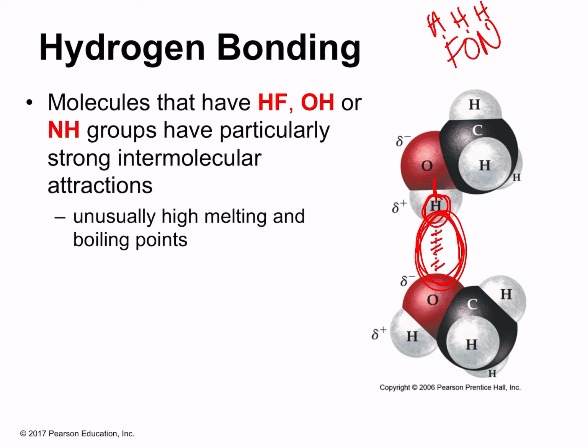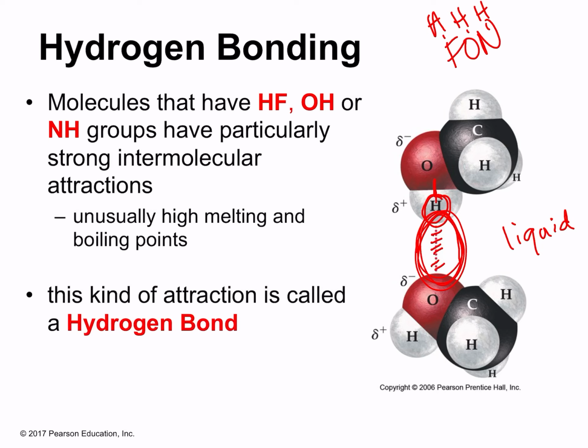Like these methanol molecules are holding on really strongly to the other methanol molecules, and this is a liquid at room temperature. So they have unusually high melting and boiling points. And again, this kind of attraction is called a hydrogen bond. It is an attraction, not a bond.